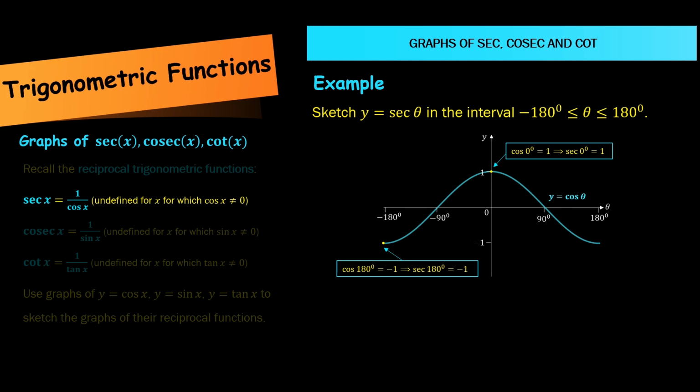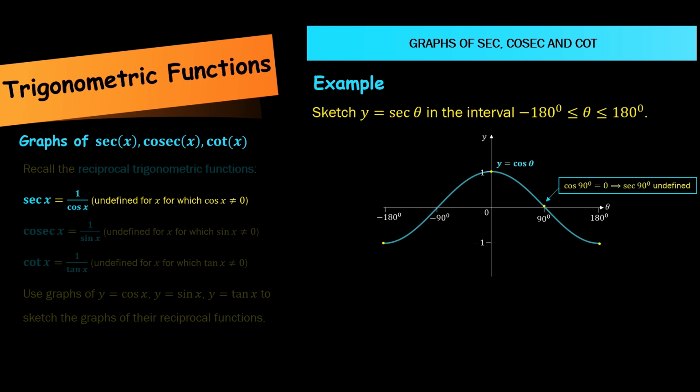And again, using our formula, we have sec 180 degrees equals minus 1.